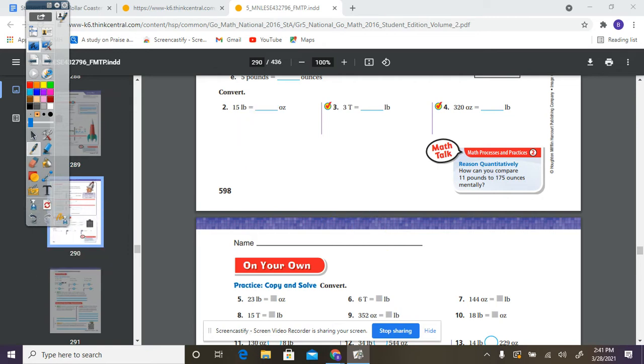Okay, let's do another example. If you look at number 3, you're going from tons to pounds. So that means you're going from big to small again. So we are again multiplying 3 times something. How many pounds are in a ton?